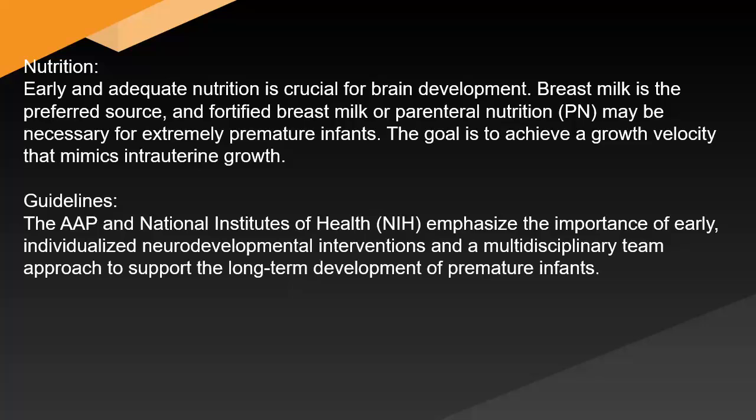Breast milk is the preferred source, and fortified breast milk or parenteral nutrition (PN) may be necessary for extremely premature infants. The goal is to achieve a growth velocity that mimics intrauterine growth. Guidelines. The AAP and National Institutes of Health emphasize the importance of early, individualized neurodevelopmental interventions and a multidisciplinary team approach to support the long-term development of premature infants.